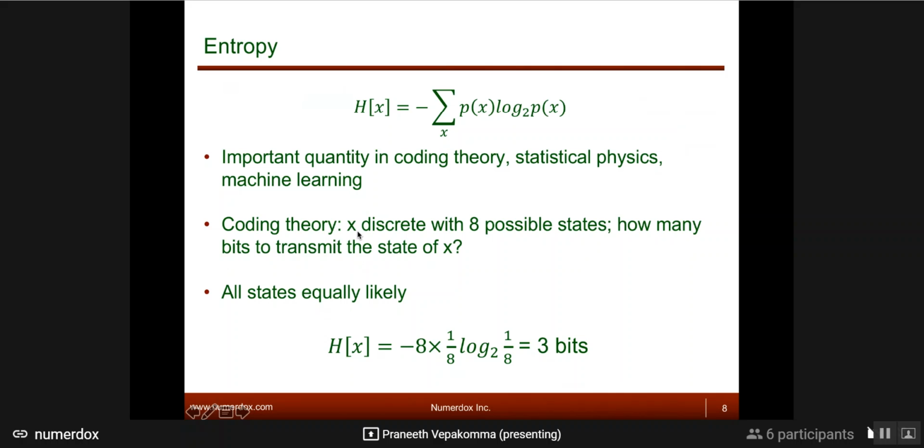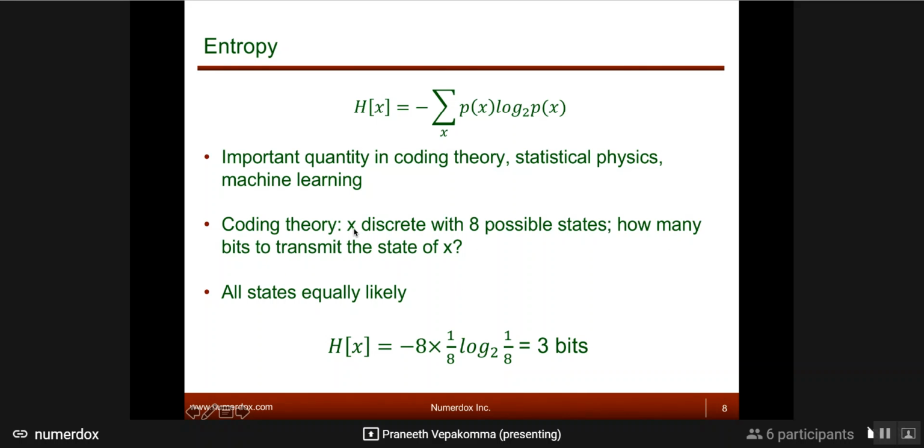Basically, we are studying entropy a little more now. Say you had a discrete event X. Since I said discrete, there's a fixed number of finite possible states. Say it had 8 possible states. Now the question is, how many bits are required to transmit the state of X, right?